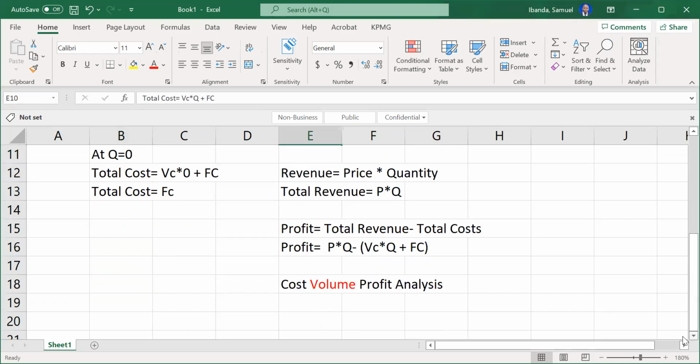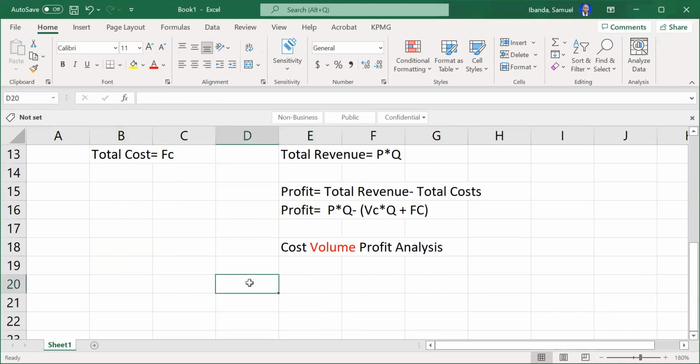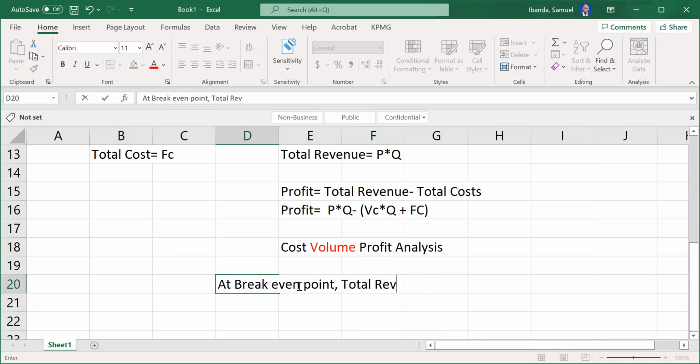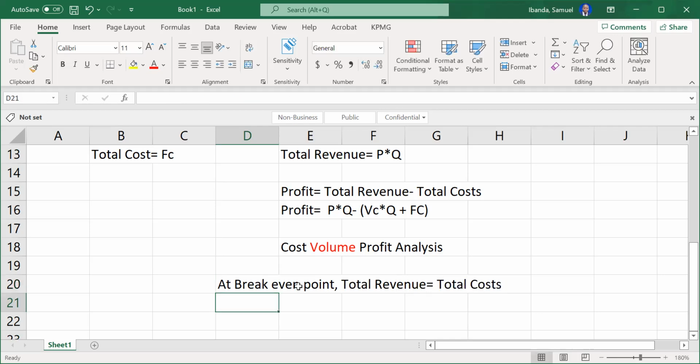One thing that you need to know is that at the break-even point, total revenue is equal to the total costs.